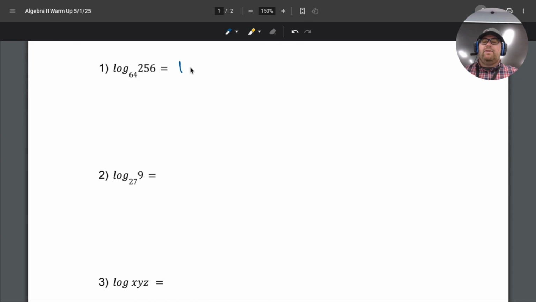So we're going to say log with some base c of 256 over log with some base c of 64. And we've got to pick a base that we can multiply by itself enough times to get both 256 and 64.